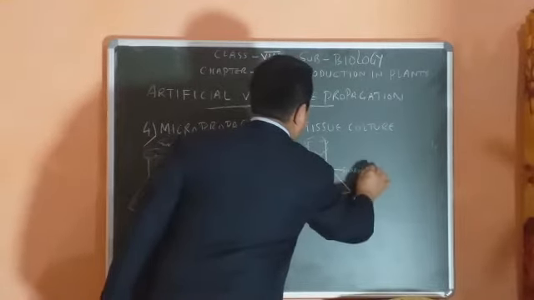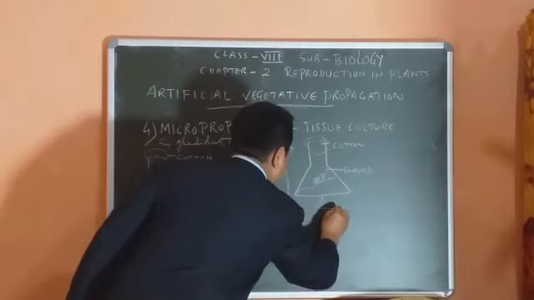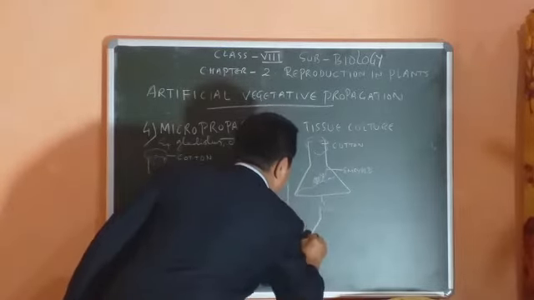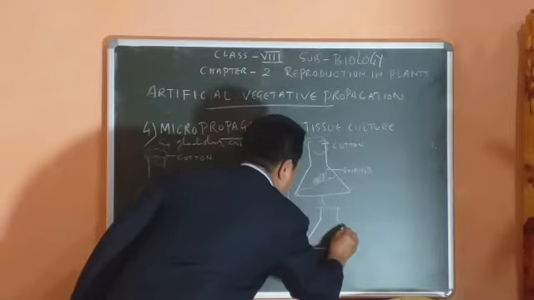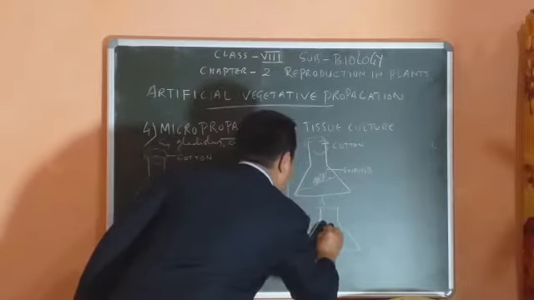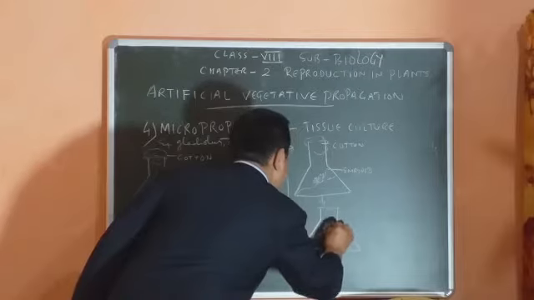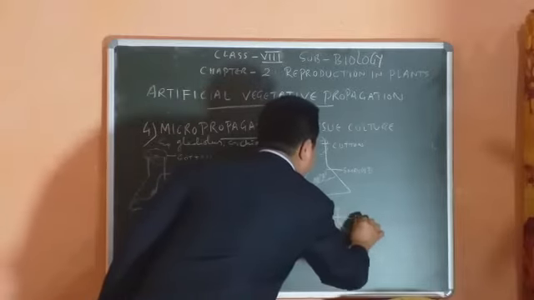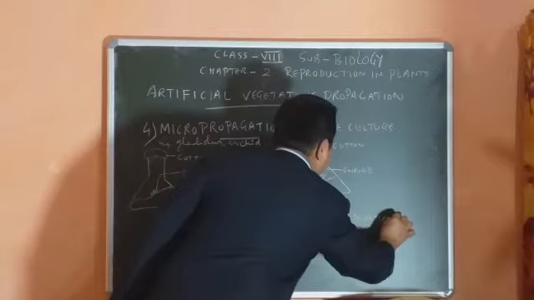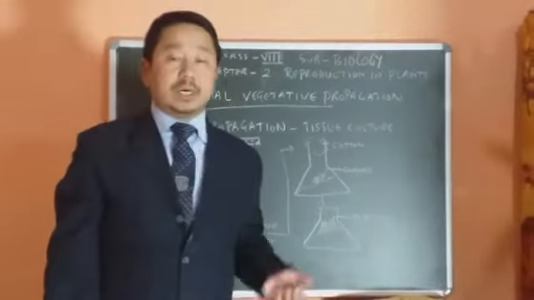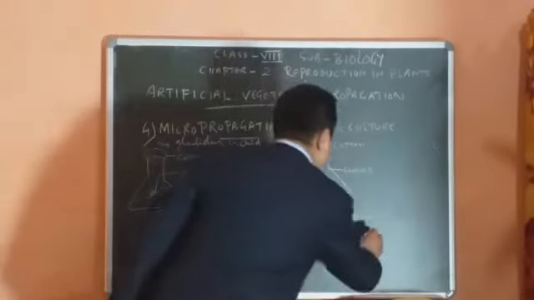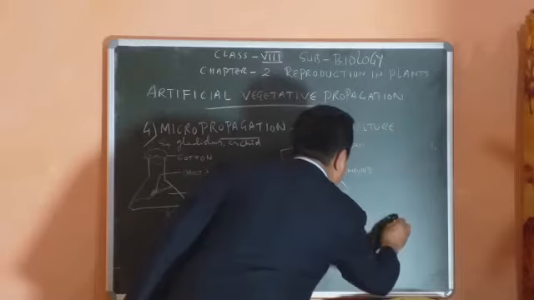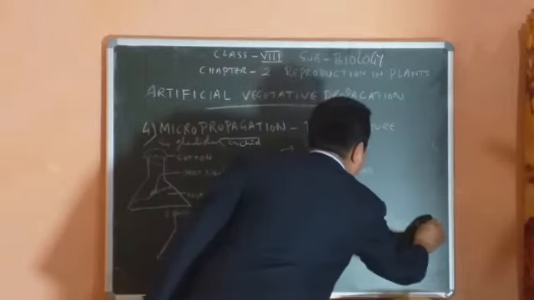The embryo is formed, still with cotton. Then this is the plantlet. These are plantlets after 4 to 6 weeks.